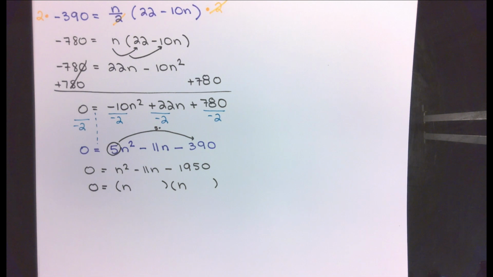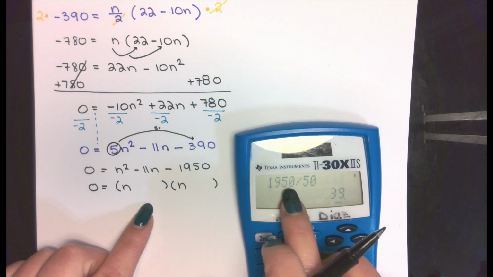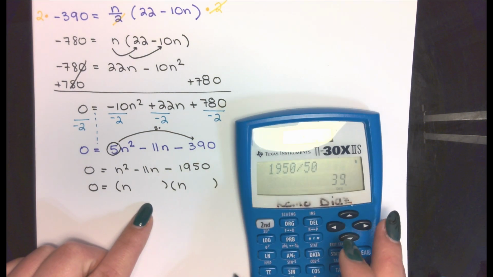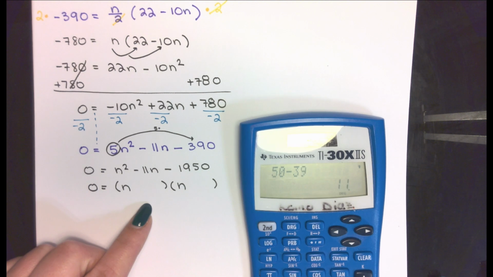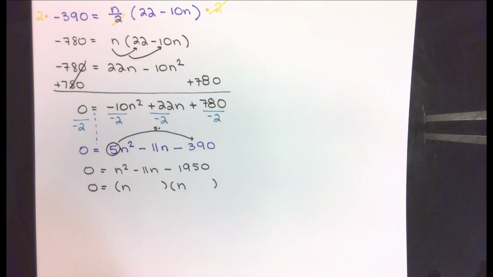So 1950 divided by... I don't know, 50? Maybe? The only reason I did 50 is because I saw 50. So 39 and 50. 50 minus 39. Nice. I did get lucky here again. Luck is on my side in this video.